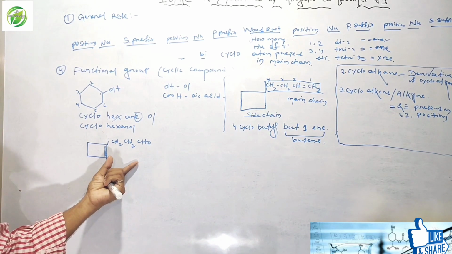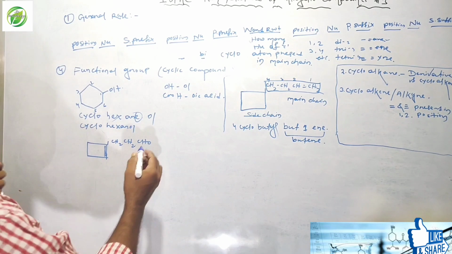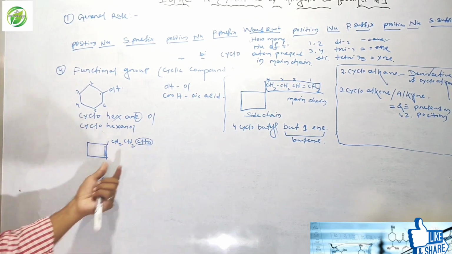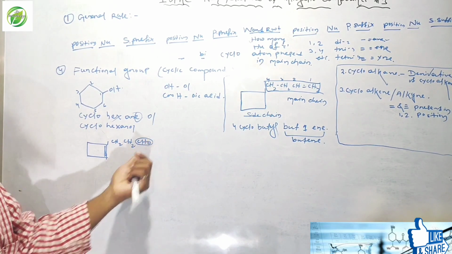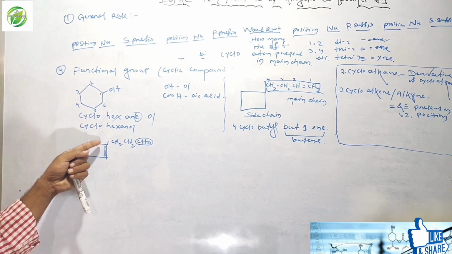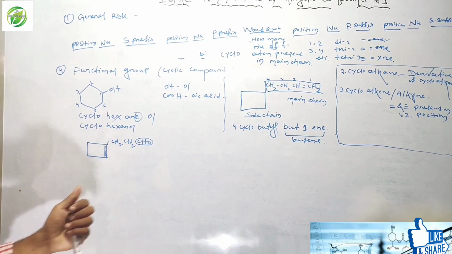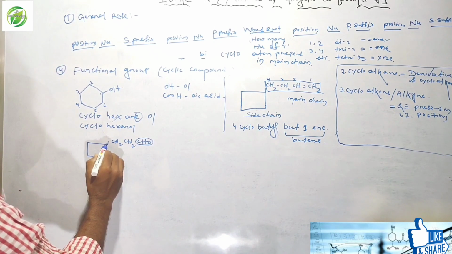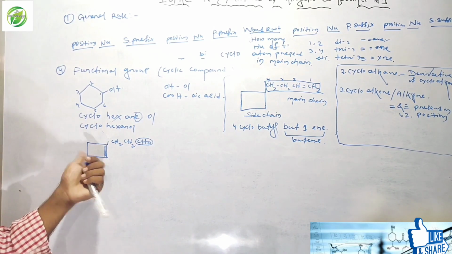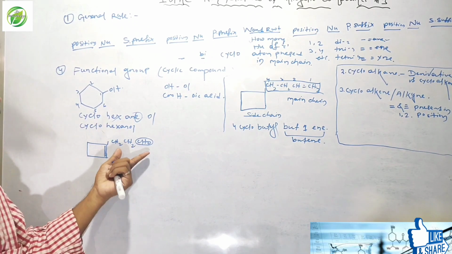But friends, in this case, we clearly see one functional group is present in this open chain and a double bond is present. Friends, this is our long chain. This has 1, 2, 3, 4 carbon atoms, but in this case 1, 2, 3 carbon atoms.